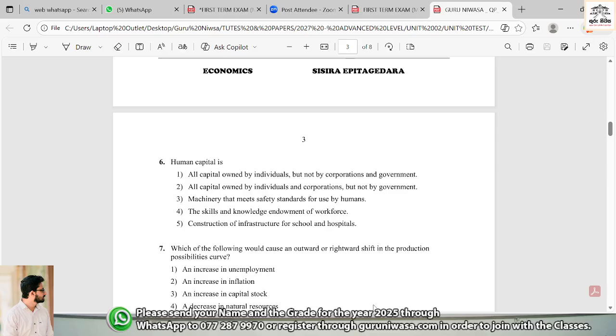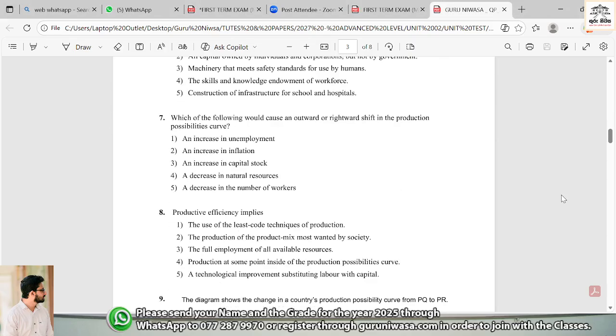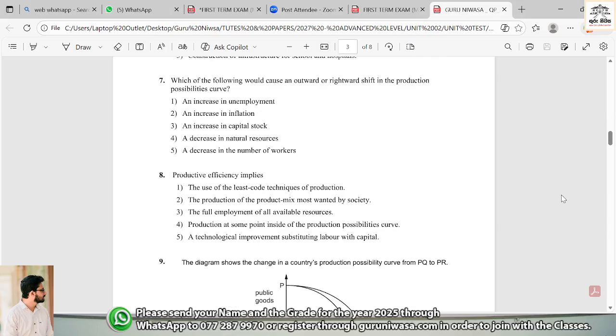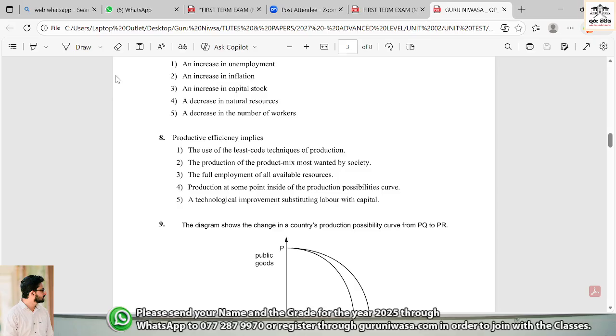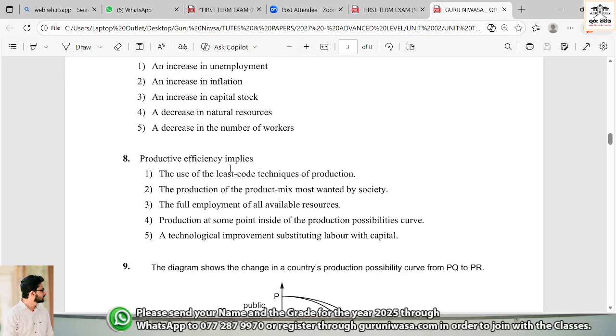Here, I'll show you one important question. If you have any doubt in any MCQ question, let me know. But then look at the production efficiency question, number 8. Productive efficiency implies, normally, to achieve productive efficiency, two main conditions must be fulfilled, full employment and full production.